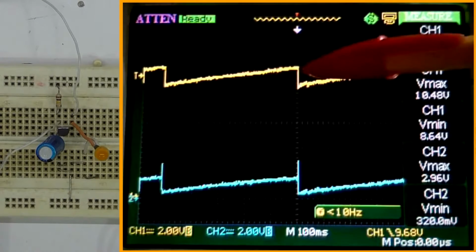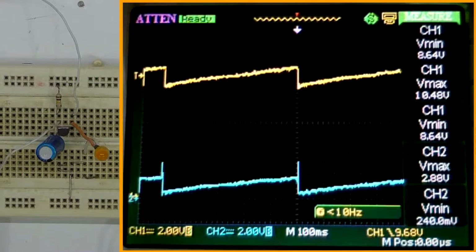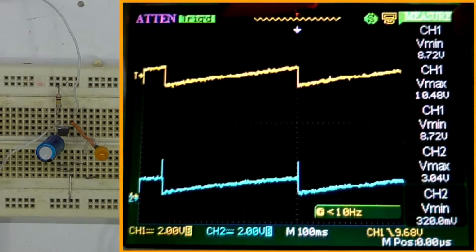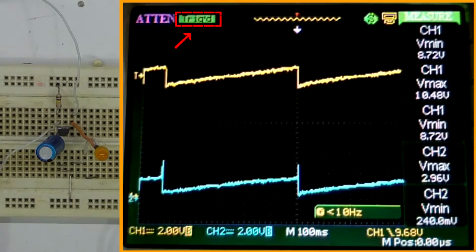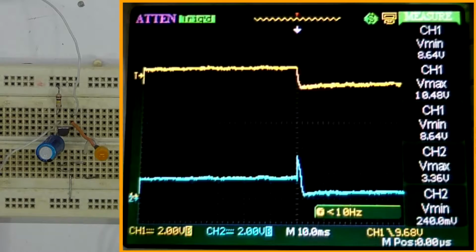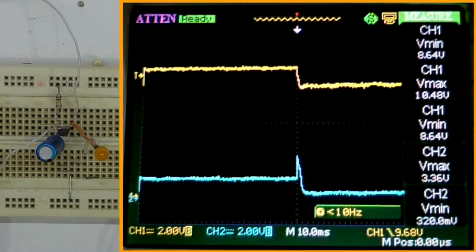Now, it switches on at this point, and because we're zoomed all the way out at 100 milliseconds per division, not only is it slow updating, you'll see it armed and triggered. If I zoom in, you can see this is the switch on time.